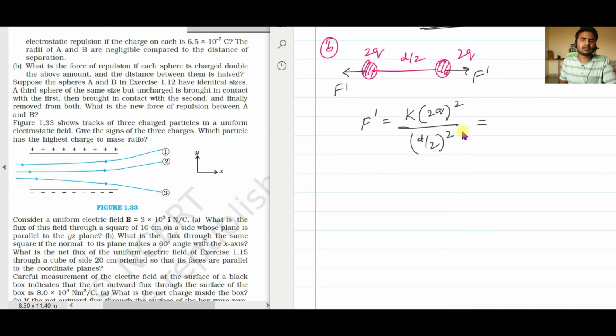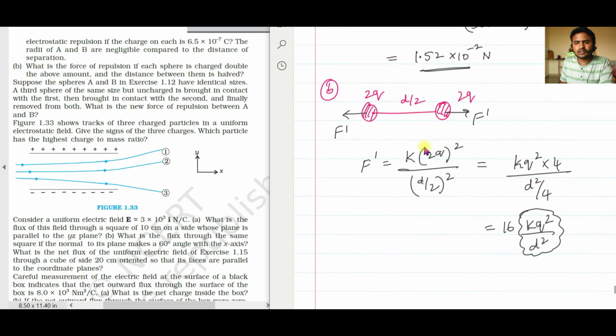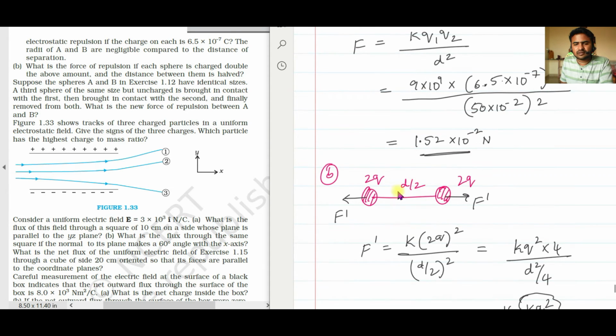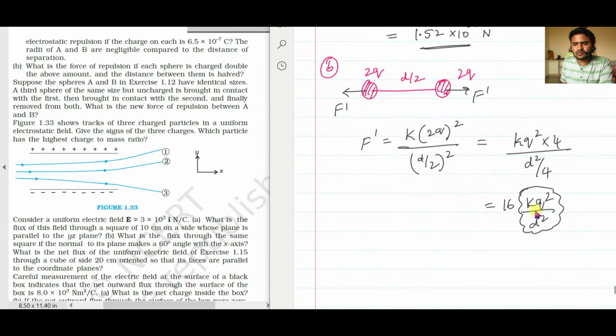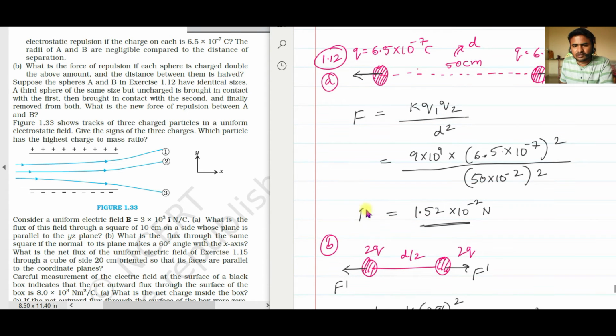Similar problem I guess we have done while discussing the theory. So this becomes k q square into 4, divided by, in the denominator, d square divided by 4. This 4 will go to the numerator. It will become 16 kq square by d square, and kq square by d square is nothing but the initial force when these two charges were q and separated by distance d. That is this force f.